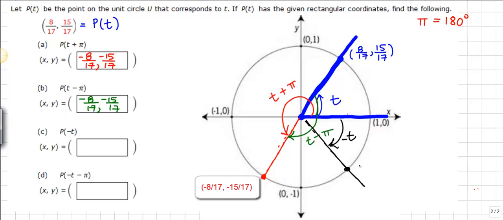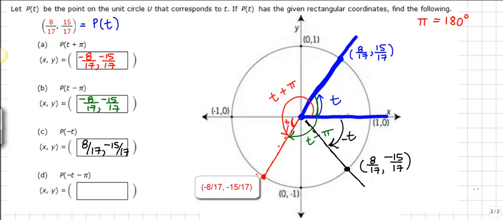Okay, and the ordered pair here would be 8/17, comma negative 15/17. And I should note before I get too far away from this that yes, this angle's net measure is t radians, vertical angles are equal, and that's how I know which symmetry I have here.